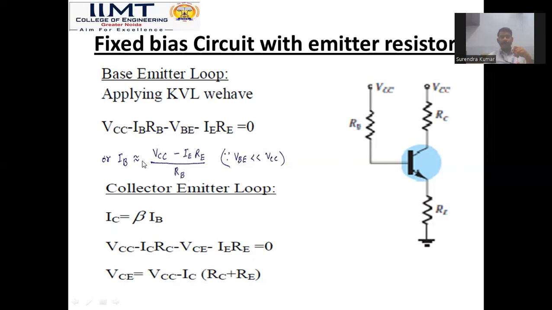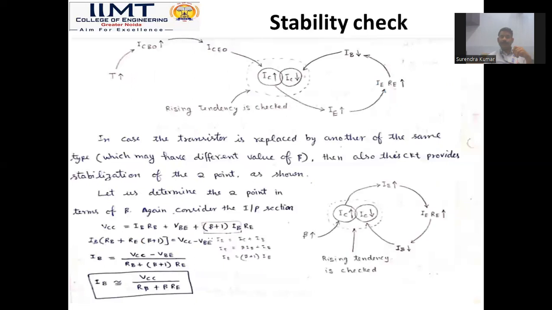So here also we have the important values, IB, IC, and VCE, which are required to determine the operating point of the transistor. Now comes the stability check for the fixed bias circuit with emitter resistor, which we can do with the help of the base current.